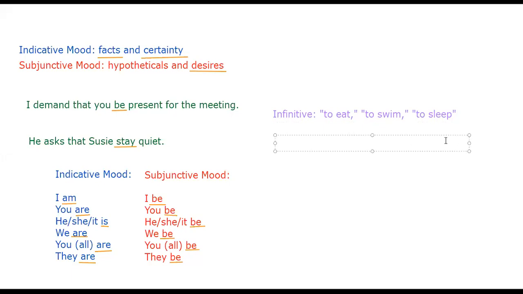We're talking about the bare form. The bare form of these verbs would be eat, swim, and sleep. So the bare form is just the infinitive, but without the to.